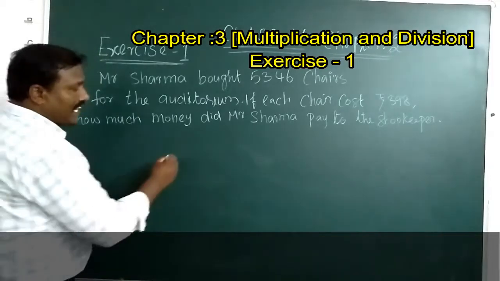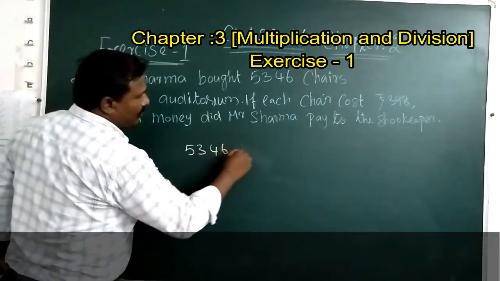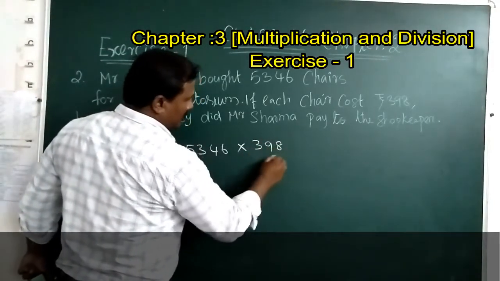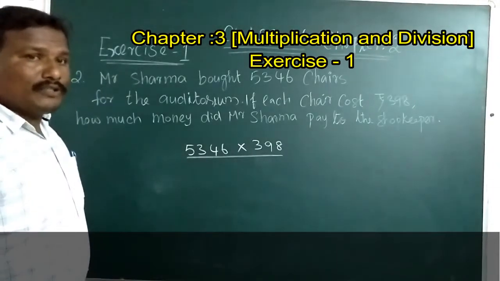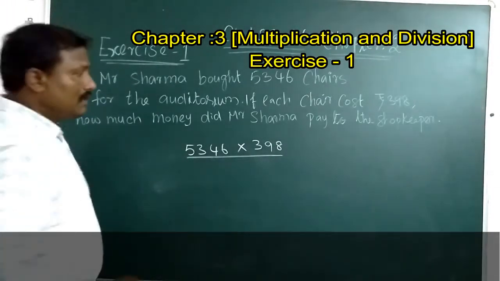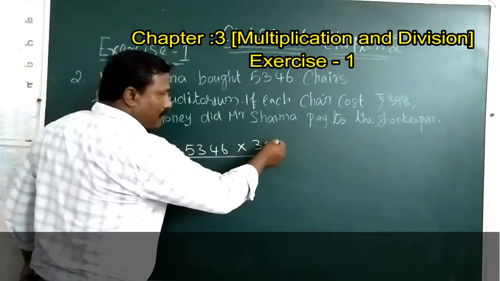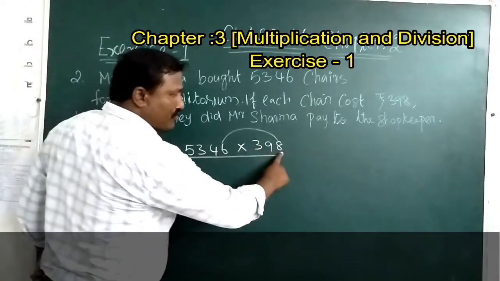So the multiplicand is 5,346, then the multiplier 398. Put on line. Now we need the multiplication table. First I am going to multiply from the topmost right number with the second number's topmost right.